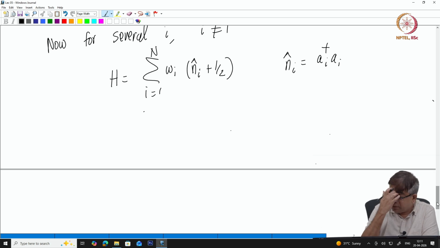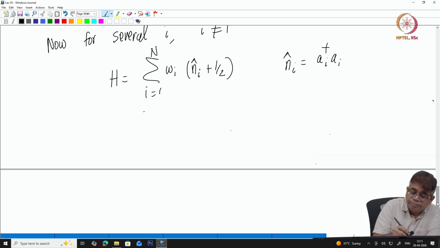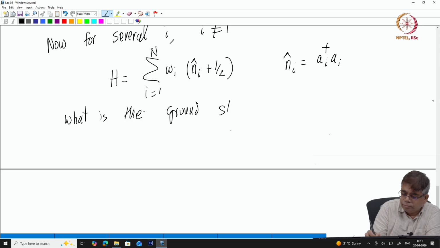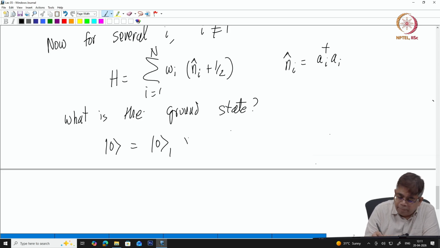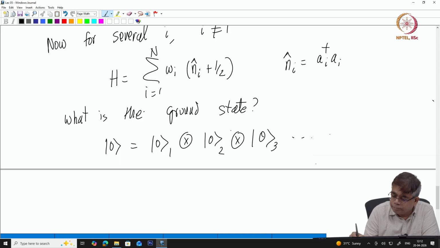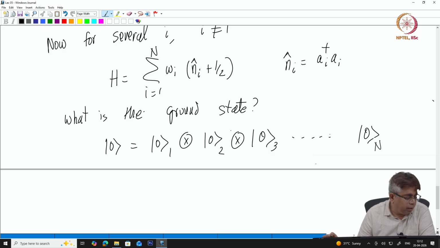So what does the ground state look like? You have a ground state 0, which is the direct product of the ground states of all the n oscillators.